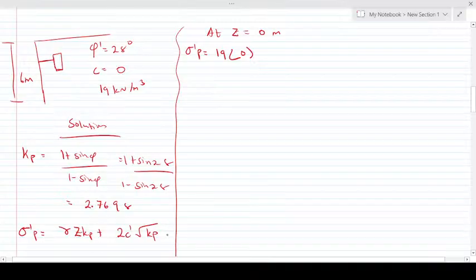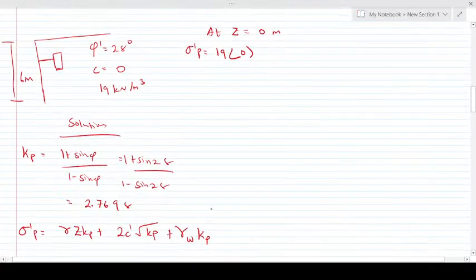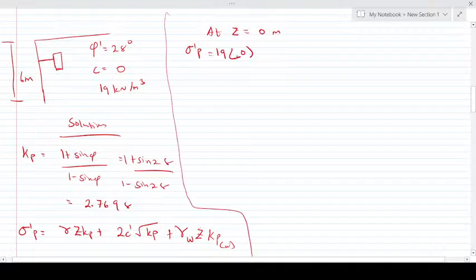So again, over here too, let me add the column of water, plus gamma w z kp of water for a generalized case, right? So 19 by 0, what's our kp?